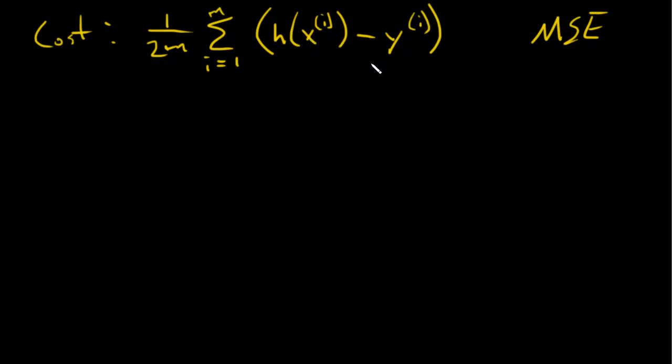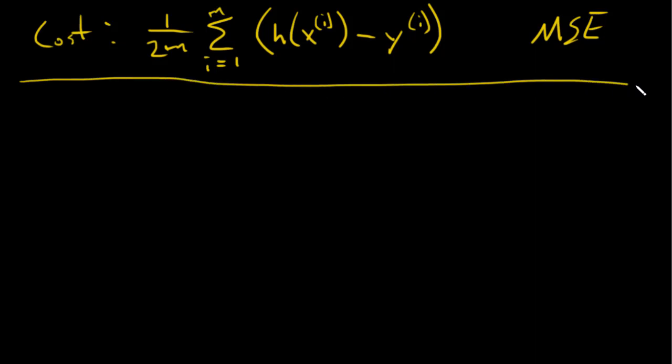But what we want is for it to make a guess of whether or not the input belongs to y equals 0 or y equals 1. And so we're not going to use this cost function when we're talking about logistic regression.